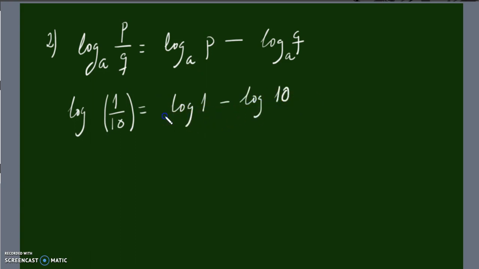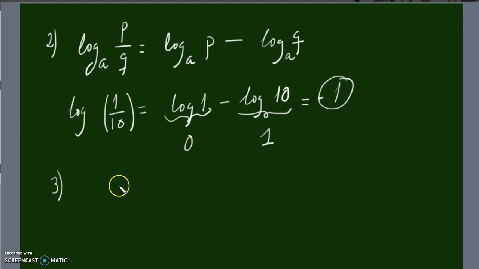The logarithm of 1, we haven't seen this. When you have the logarithm of 1, this is always 0, and the logarithm of 10 is 1. So 0 minus 1 is minus 1. Do you understand this?